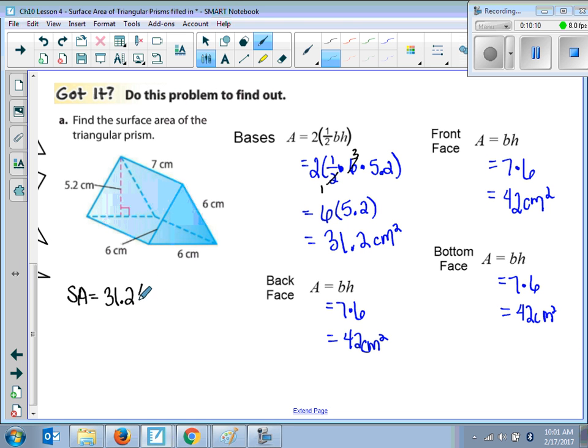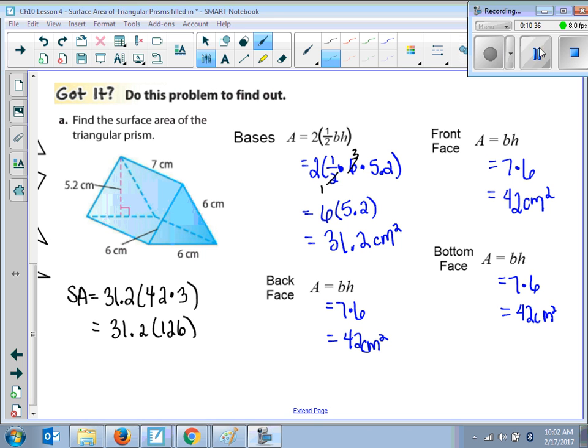Yeah. So let's do 42 times 3. Okay? So now we can simplify. So we've got 31.2 times, that's going to be 126. Very good.